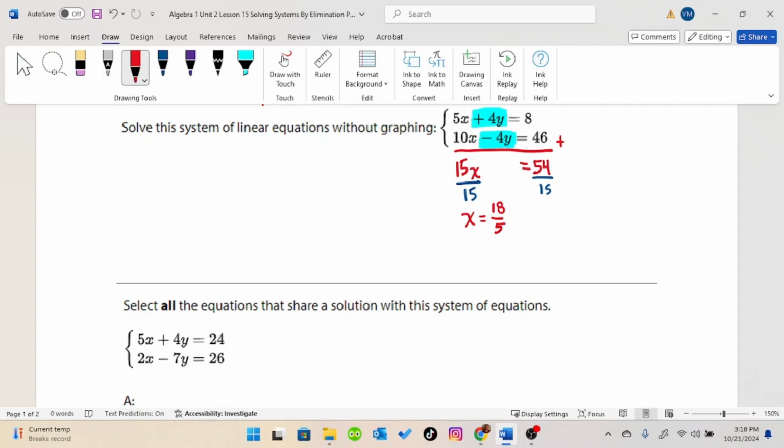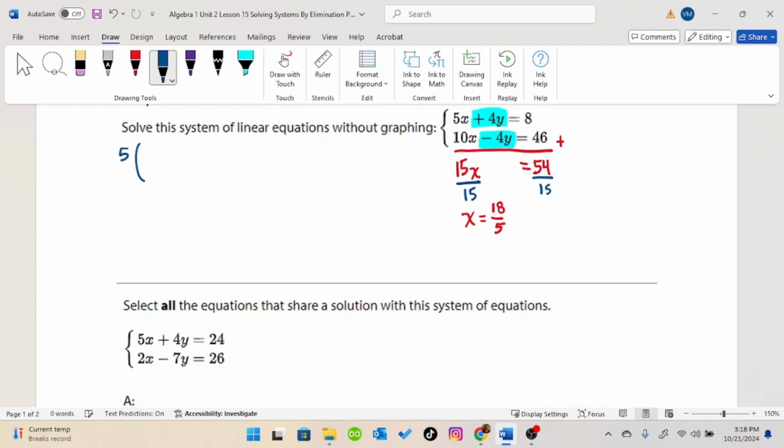Now that we know a value for x, we can substitute this value into one of the top equations and then solve for y. So I'm going to choose the top one. Since I see that the denominator for x is 5, I'm going to substitute it in where x is being multiplied by 5.